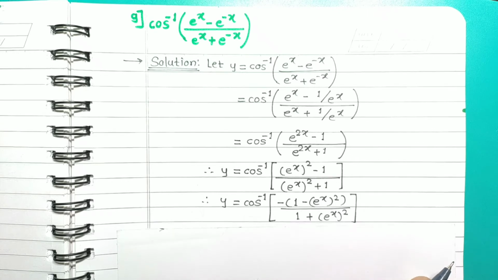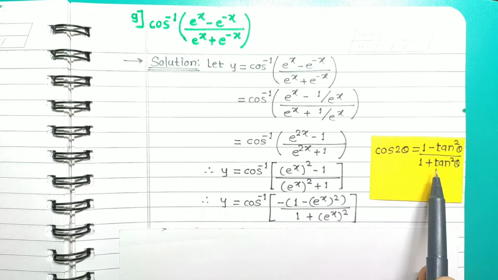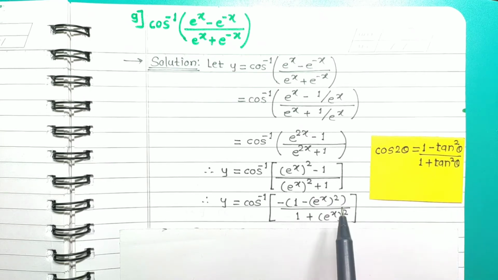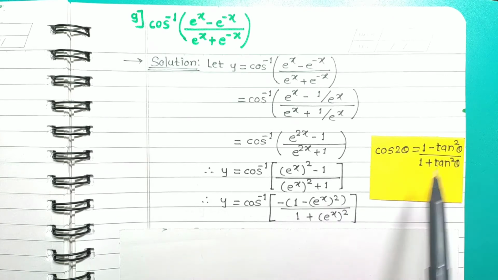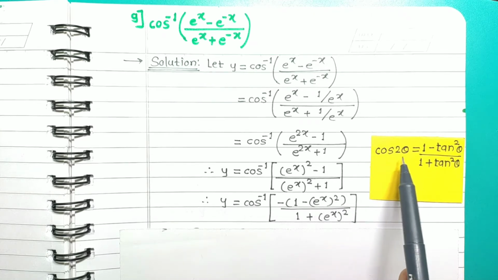Now let me take this minus sign common to get cos inverse of minus of 1 minus e raised to x squared upon 1 plus e raised to x squared. Now I find these terms look like 1 minus tan square upon 1 plus tan square. If I put e raised to x is equal to tan theta, then for this expression I can write cos 2 theta.